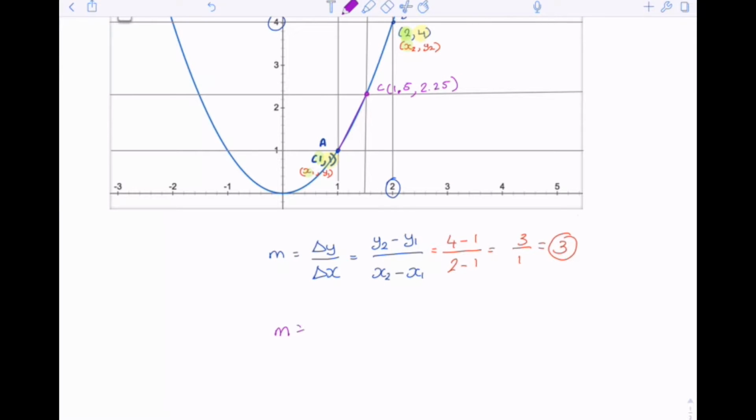So the gradient would be 2.25 minus 1 over 1.5, take away 1. Okay, so it's y2 minus y1 over x2 minus x1. And if we plug that into a calculator, we get a gradient of 2.5.